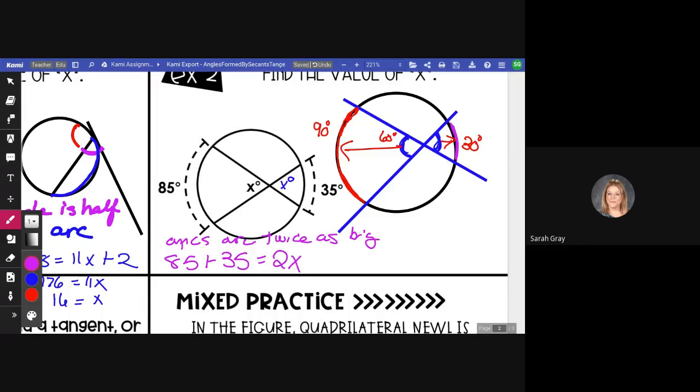The arc is twice as big as the angle. 85 plus 35, 8 plus 3, 8, 9, 10, 11. So that's 120. So 60 is going to equal x. Look, I used 60 in the example and I didn't even know it. So that circle can slide back and forth on that 60-degree angle. And those arcs, no matter where they are, will add up to 60 degrees in some fashion.